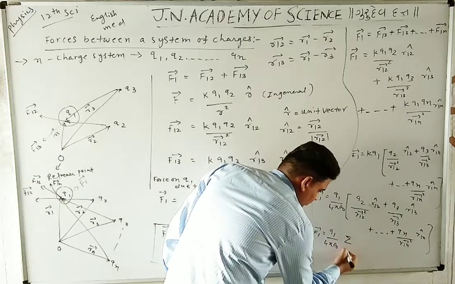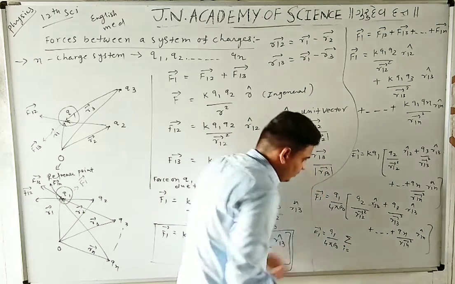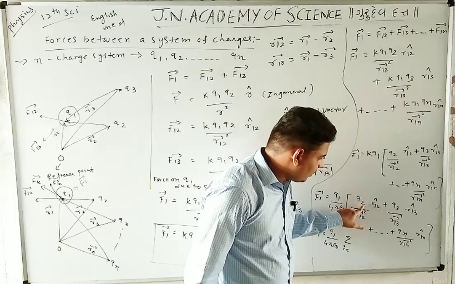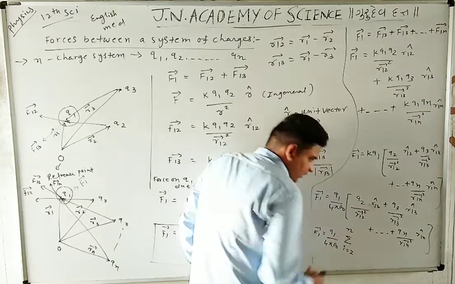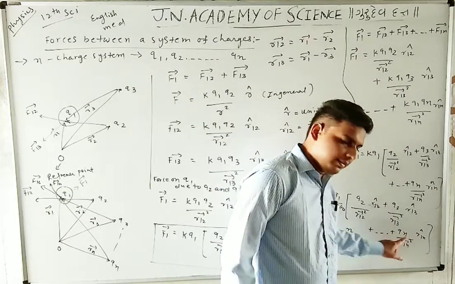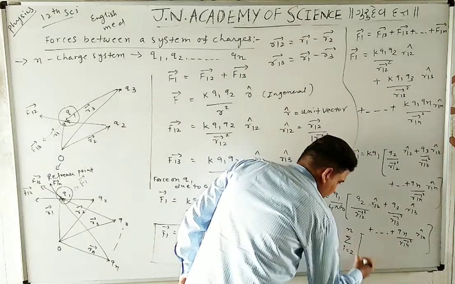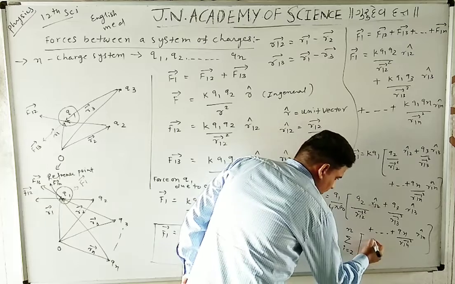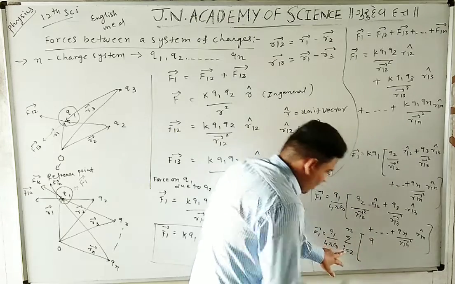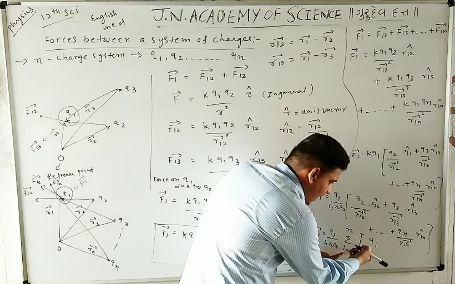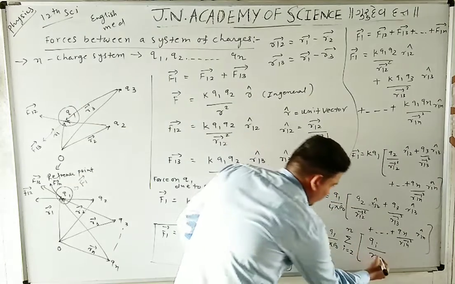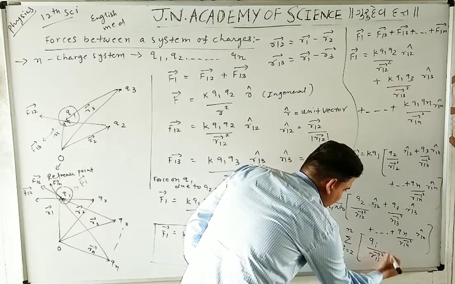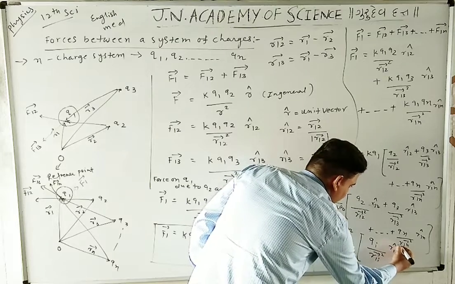So F1 will be Q1 upon 4 pi epsilon 0 times the summation, with i starting from 2, your starting point, to n, the last point, of Qi divided by R1i square, R1i cap.